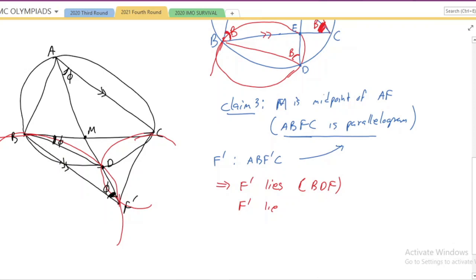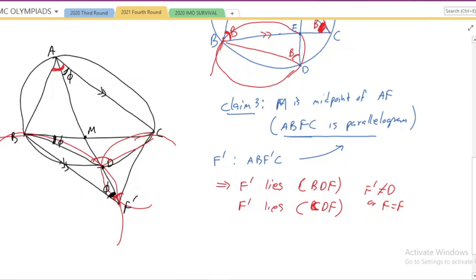So F prime actually lies on circle CDF. So it means that F prime must be a common point to those circles, but these two circles intersect at D and at F, so F prime must either be D or F prime is F, and F prime is clearly not D because it has to be parallel, since this angle here, the angle at A, is actually equal to the angle here, while on the other hand the angle at D is 180 minus that, so they are different.